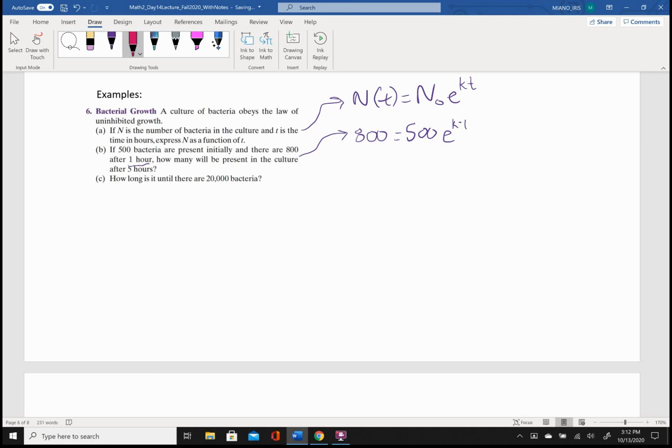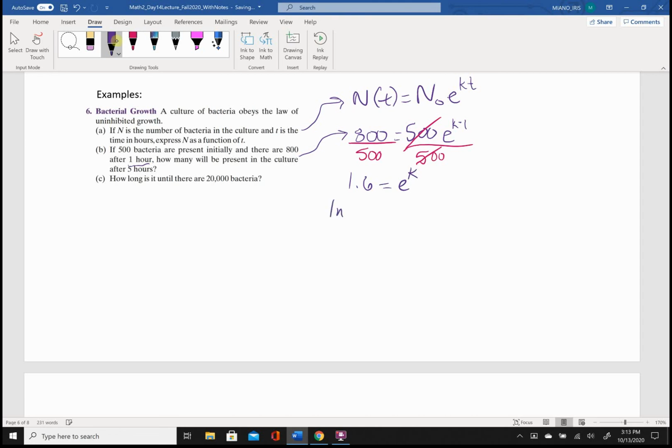So in order to do that, we're going to divide both sides by 500 to start off. We want to get K by itself. So that turns this into 1.6 equals e to the K power. So now we can think of it as converting into a natural log, if you like.